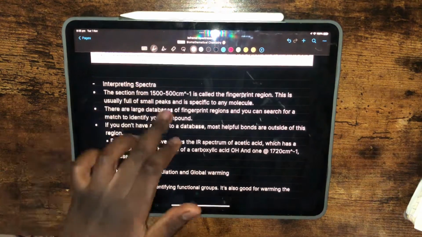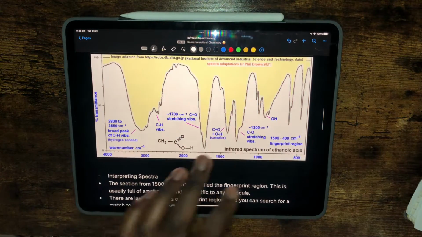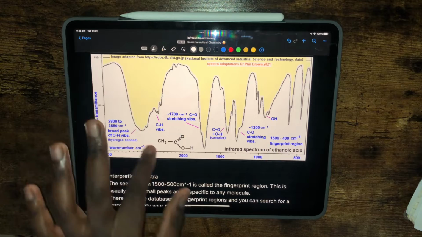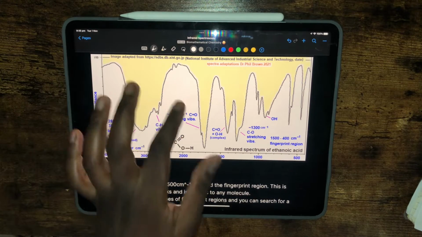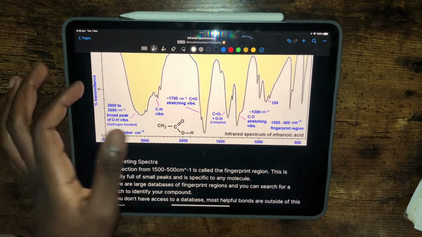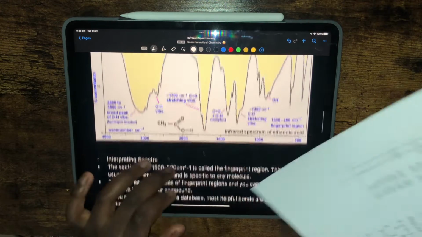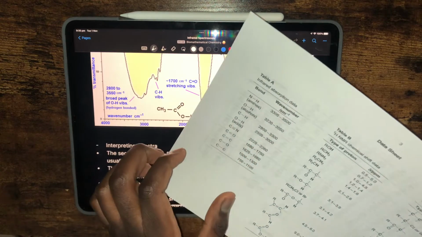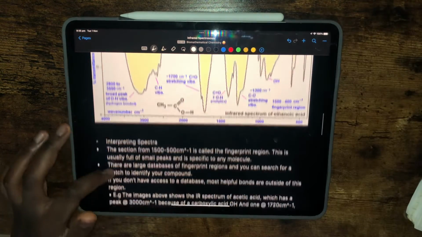You're not going to know every single fingerprint region, so the best way to identify them is by their broad peaks, how broad they are and where they peak, relating them to the general infrared absorption data that you're given in the exam.